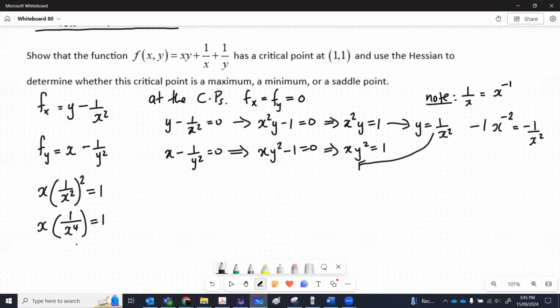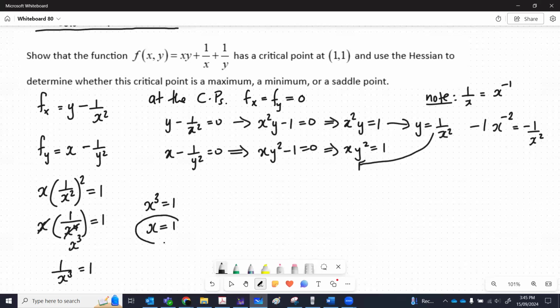This is equal to 1. And you can see that the x there will cancel, and then we're left with x cubed. So we have 1 over x cubed is equal to 1. That means that x cubed is equal to 1, because if I cross multiply, I have 1 is equal to x cubed. And then this means that x is equal to 1 if you take the cube root on both sides.